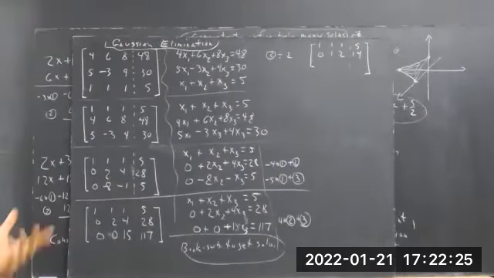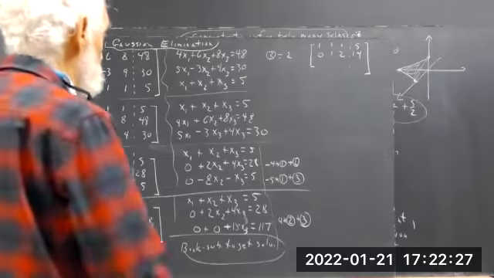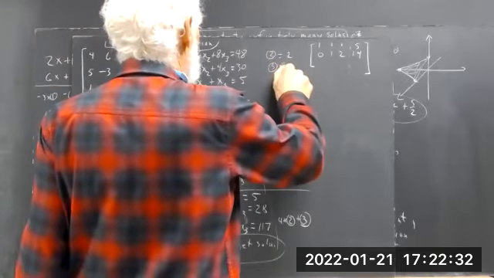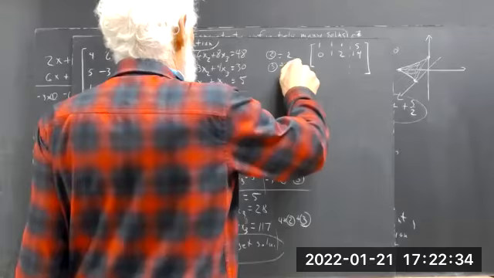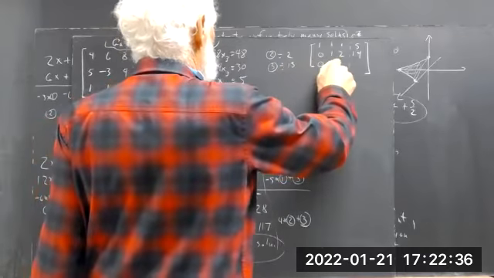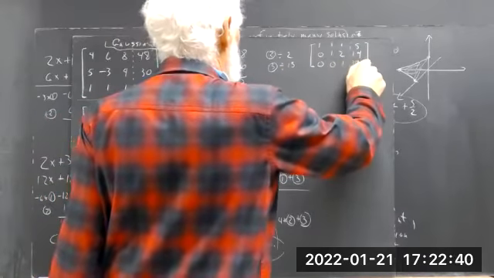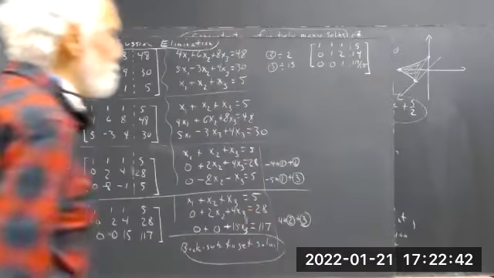Divide those numbers by 2. Get it. I'm going to do the third row, divided by 15. Give me 0, 0, 1, 117 over 15.